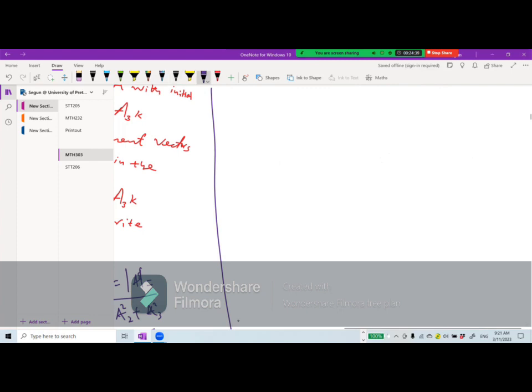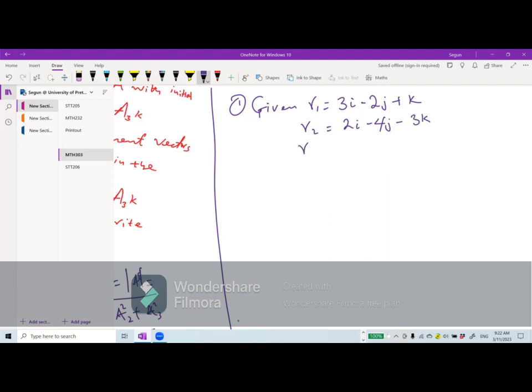Number one, given R1 equals 3I minus 2J plus K, then R2 will be 2I minus 4J minus 3K, then R3 equals negative I plus 2J plus 2K.